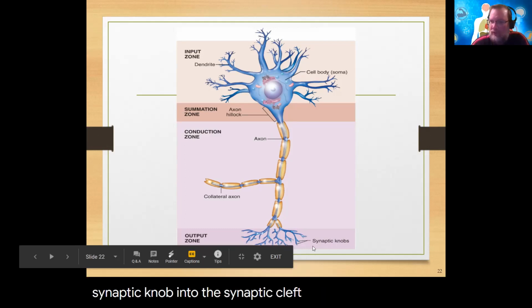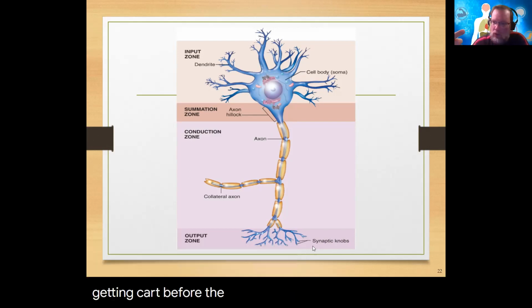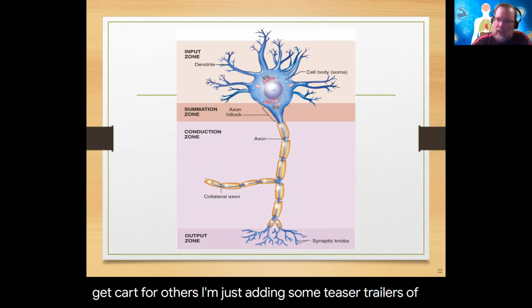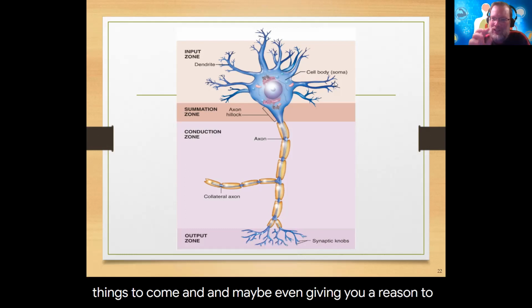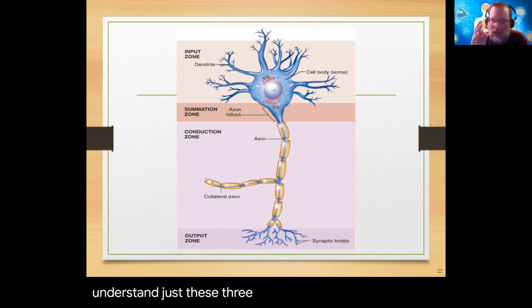So again, this is sort of getting the cart before the horse, but I'm just adding some teaser trailers of things to come, and maybe even giving you a reason to understand just these three anatomical spots of a neuron.